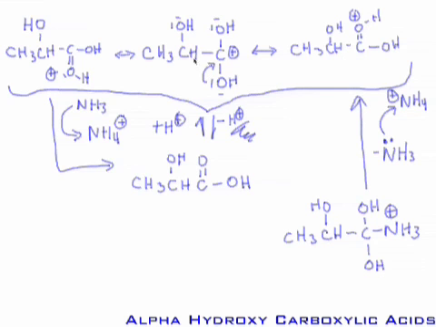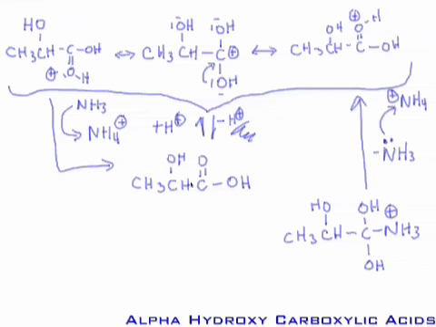It can't nucleophilically attack this electrophilic carbon. Net result is the loss of NH3 is an irreversible step, whereas the other steps of the reaction are all with equilibrium arrows. So that's not a mistake. That's very important to understand.